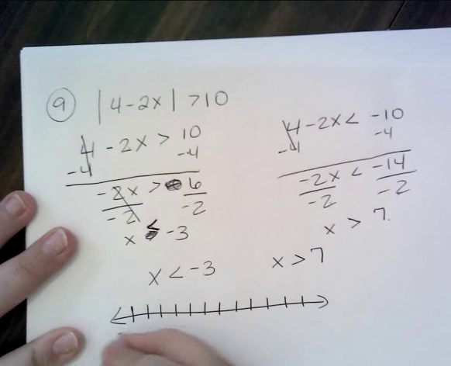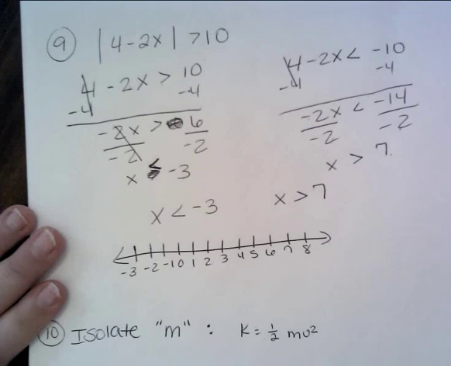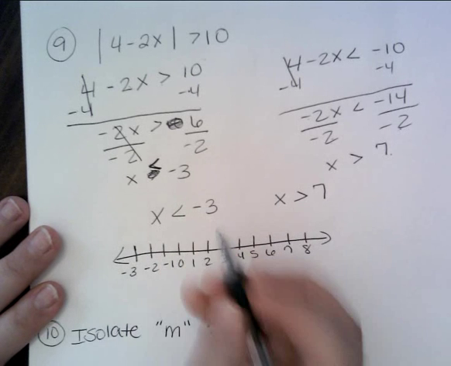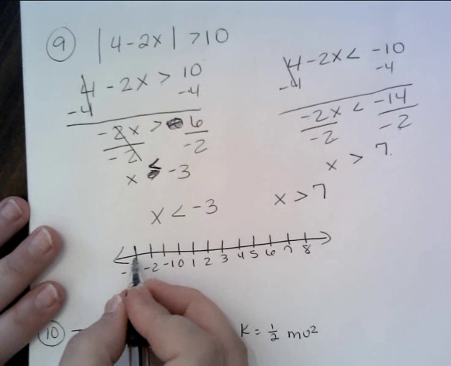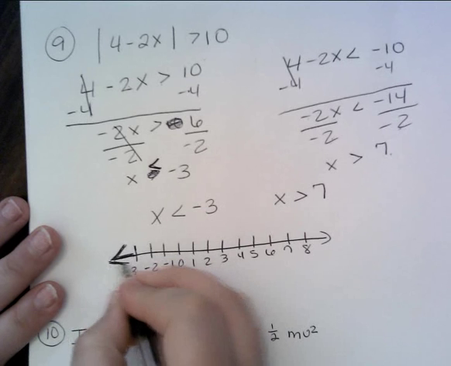Negative 3 is here, and it's saying that x is smaller than negative 3, so we're going to shade to the left because that's where your smaller numbers are. And we're going to use parentheses for that. Okay? Then it says that x is greater than 7.